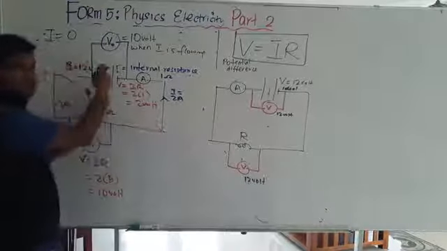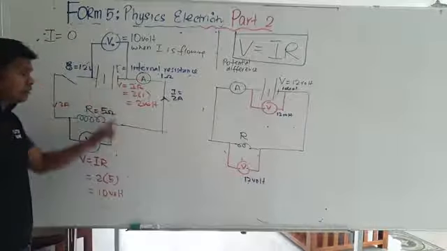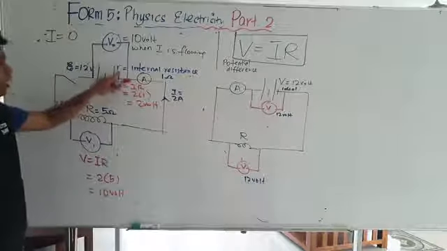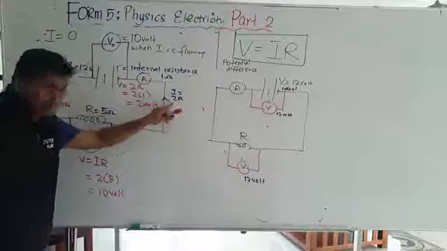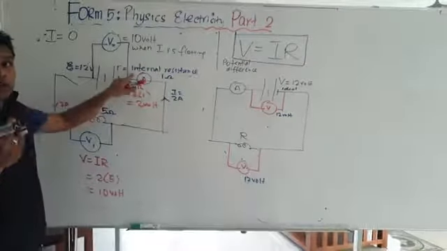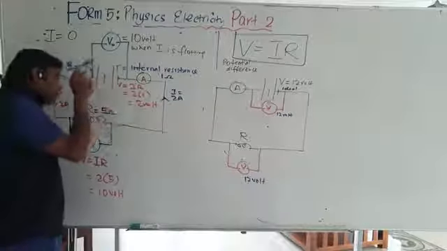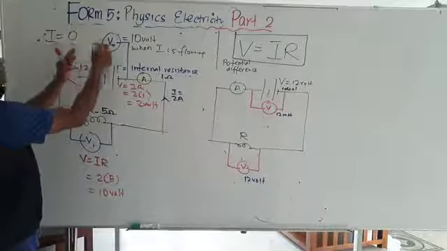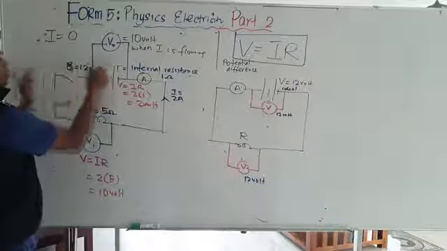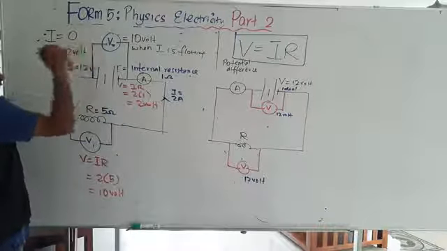When there's no current flowing, you don't need to overcome this resistance anymore, which means the 2 volt you don't have to use inside the battery, which means now the voltmeter across the battery is going to show you 12 volt back again.